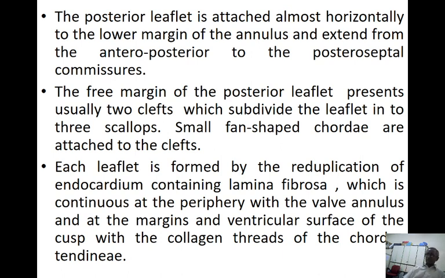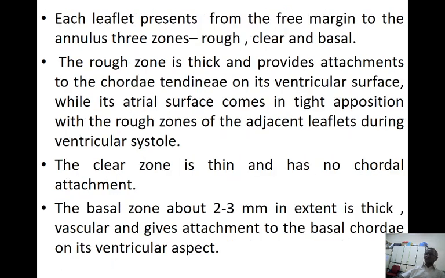This lamina fibrosa is continuous at the periphery with the valve annulus. The annulus is again a fibrous ring, so it is continuous with this lamina fibrosa, and at the margins it is continuous with the threads of chordae tendineae. Those are also fibrous structures.